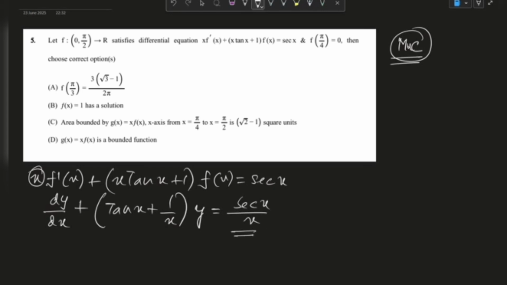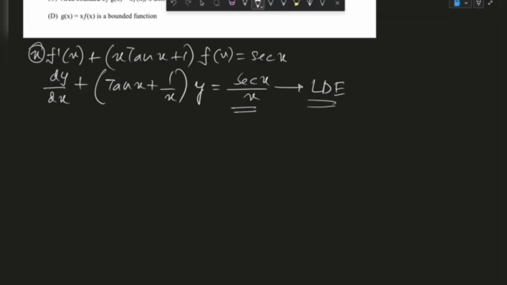So basically you guys can see that this is a linear differential equation. So basically we'll try to find out the integrating factor. Our integrating factor for this differential equation will be e power integral tan x plus 1 by x dx. So this is pretty simple to integrate.